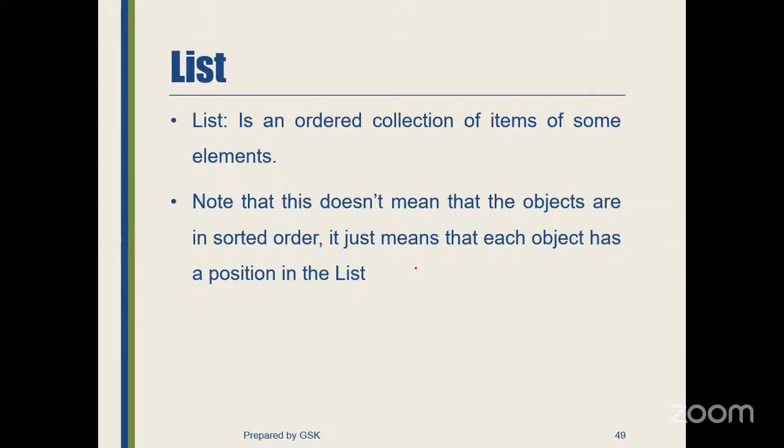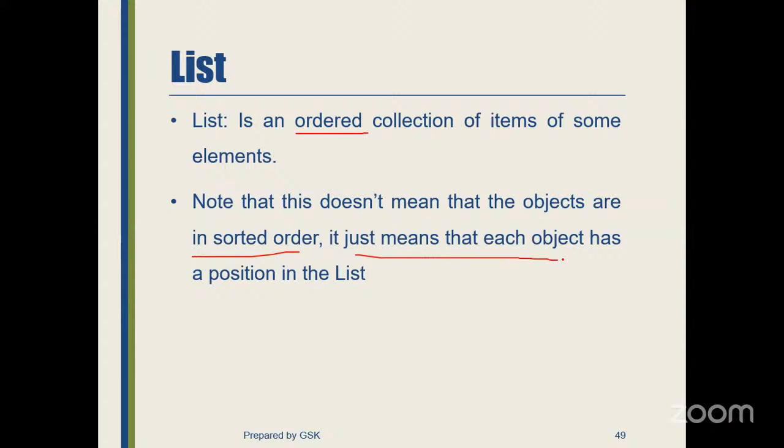A list is an ordered collection of items, of some elements. So you can have any elements. This is a collection. In simple words, a list is an ordered collection. The important point here is that it doesn't mean the objects are in sorted order. Whenever I use the words ordered collection, it doesn't mean sorted order.